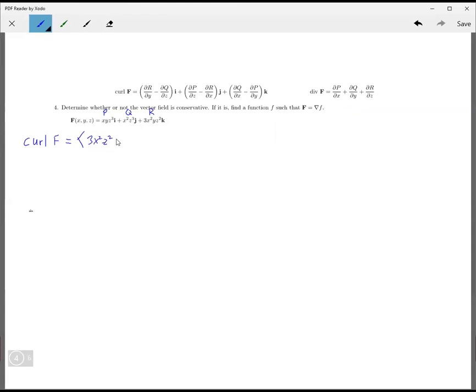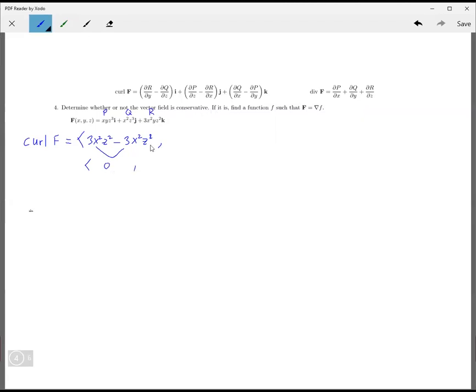Great. And then you're going to subtract dQ/dz, which is 2z to the power q. Okay, so that's 0, right? So that's good, or maybe that's bad, because if that wasn't 0, we could say right off that it's not conservative.